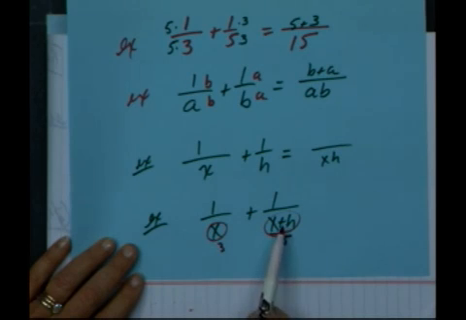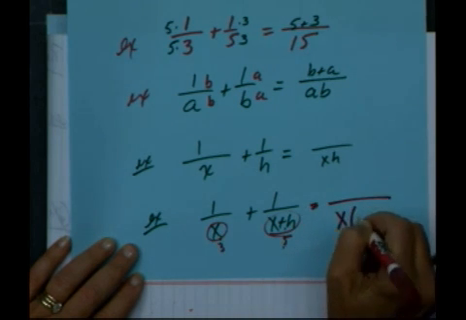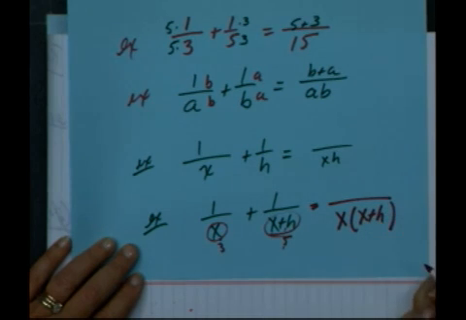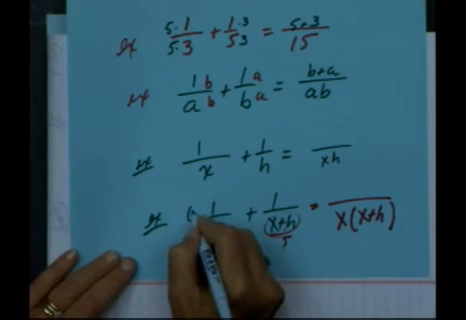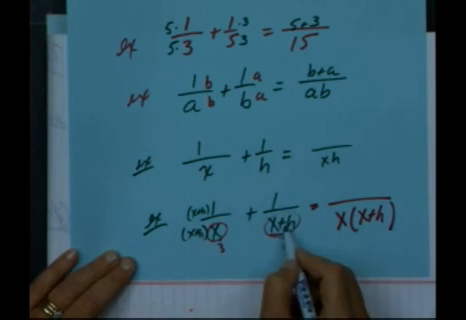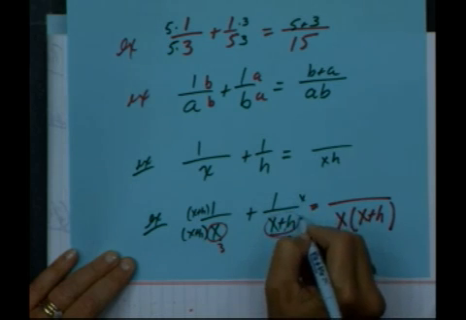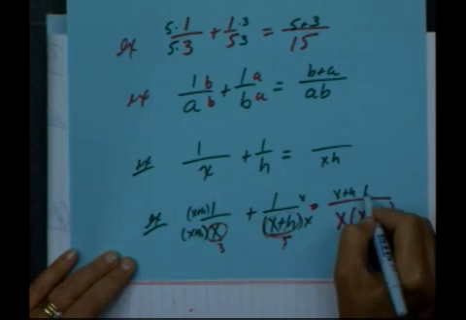If x is 3 and h is 2, then 3 plus 2 gives me the 5. So x plus h is a different number from x. Everybody agree? So your common denominator here is x times x plus h, right? So beside x, you had to multiply by x plus h over x plus h. And with the one with the x plus h, you had to multiply by x over x. So you would get x plus h plus x.